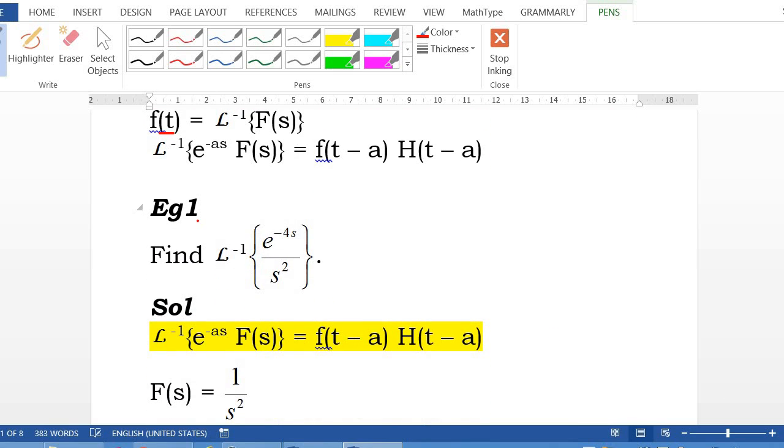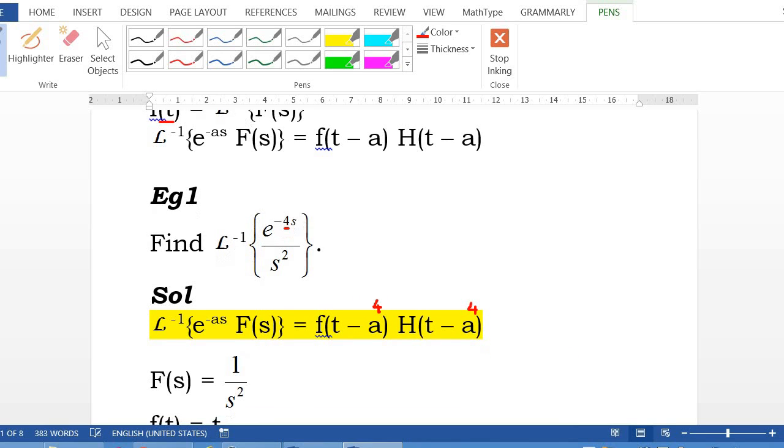For example, case 1. Find the inverse Laplace of e^(−4s)/s². So notice that it is in the form of e^(−as)F(s), where a is actually 4. Hence, for the inverse Laplace, you should have f(t − 4)H(t − 4).